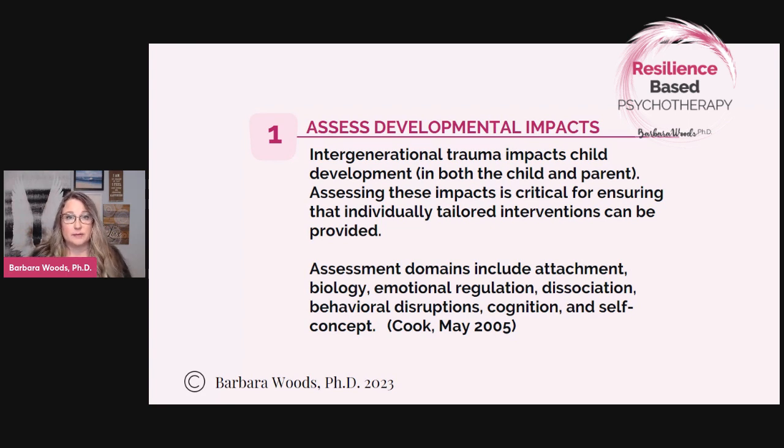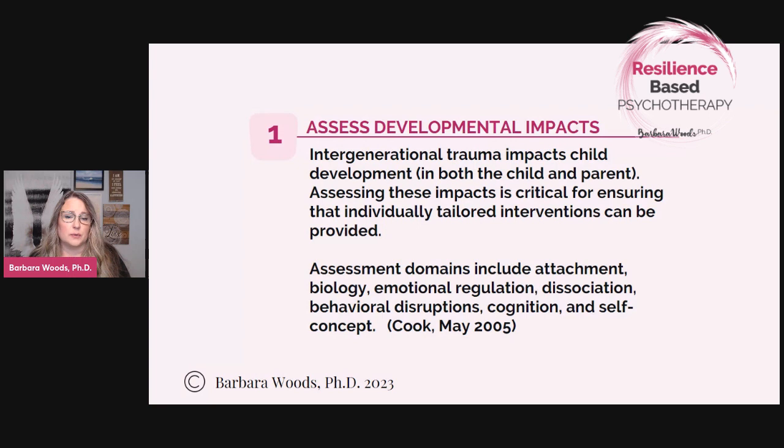And then we want to know where they are in the child, because sometimes they can influence each other, and they can be transmitted not only in the experience of attachment and dysregulation, but through the relationship with the parent and in the environment as well. So assessing these is so critical for ensuring that you can really tailor interventions for the child and really hit the things that they need.